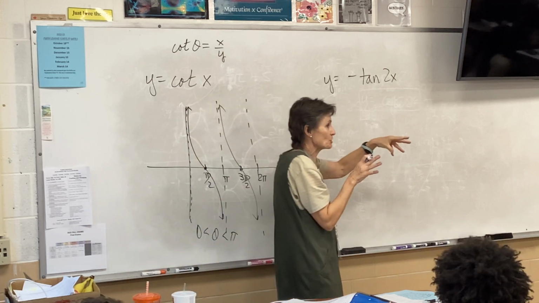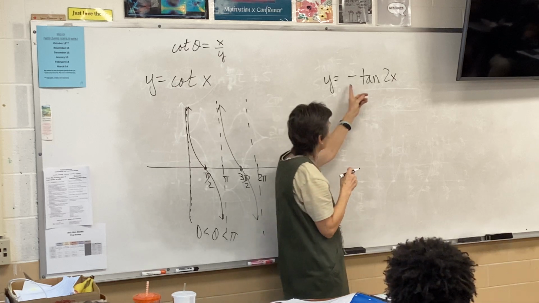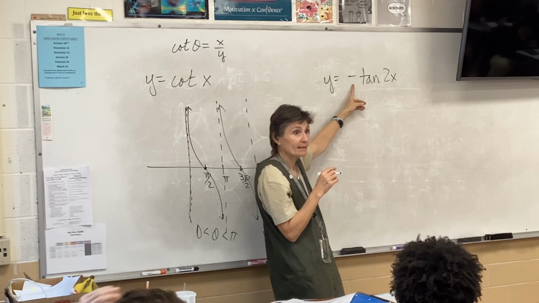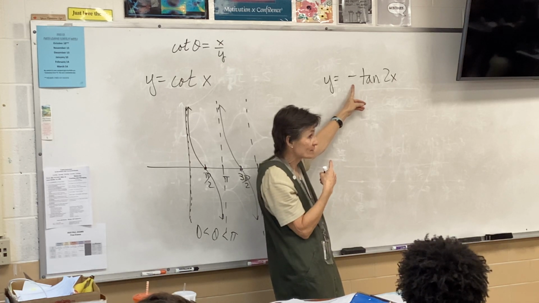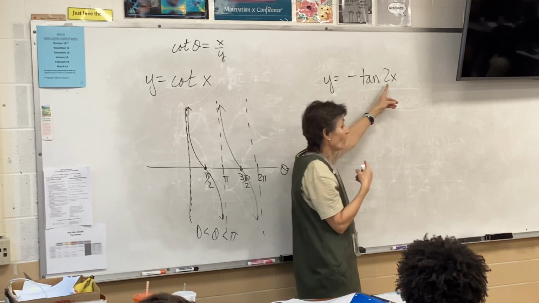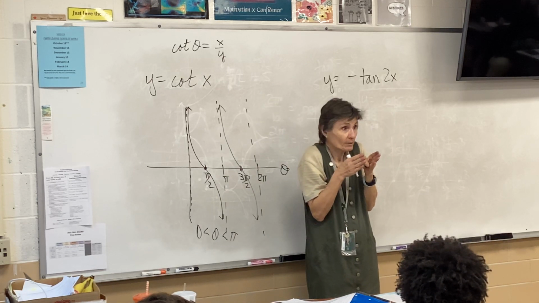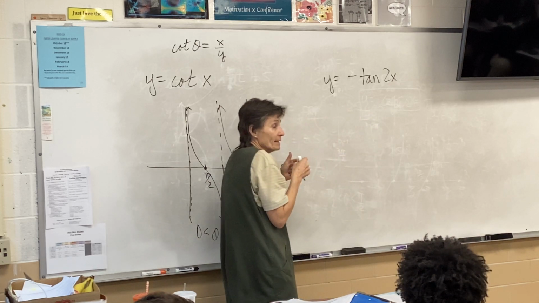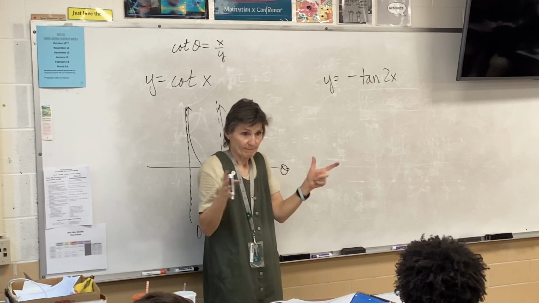We got a tangent picture, which we kind of know what that is, or at least are learning that. What have we done to our tangent picture? We've taken it and made it upside down. So this is kind of going to look like a cotangent. And we've also decreased its period by a half, right? So stop and think about that for a minute. Have we done any shifting? No, that's good news.